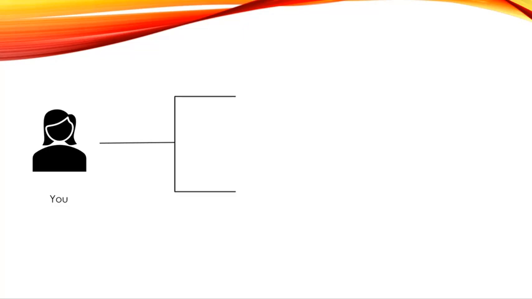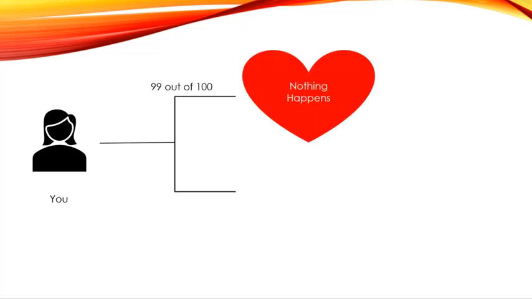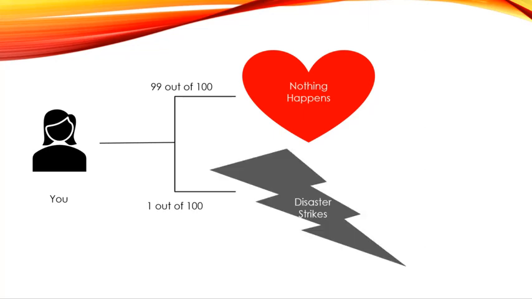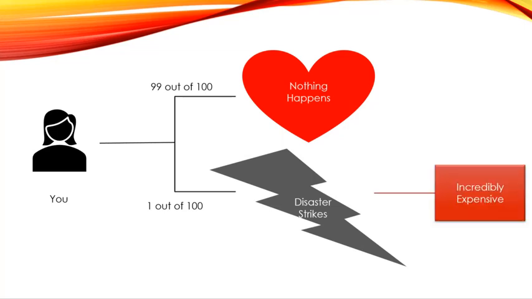So here's you. You have an option where nothing might happen to you. 99 out of 100 times, nothing will happen. But there's that 1 out of 100 time that something bad will happen. Disaster strikes, and this disaster is incredibly expensive. So for scenarios like these, insurance plays a very important role, because there are these small probabilities of unlikely but very expensive events.